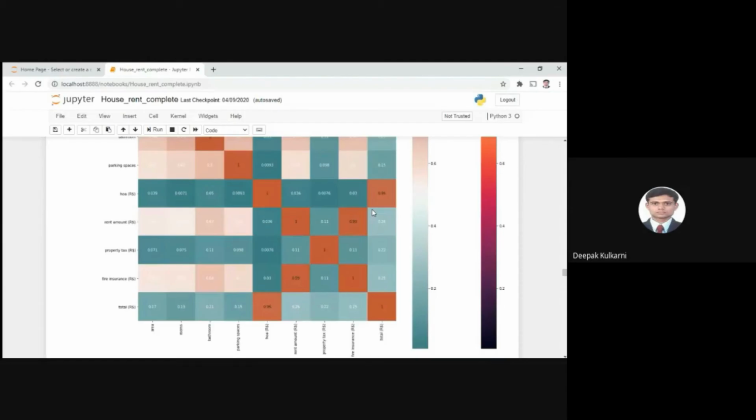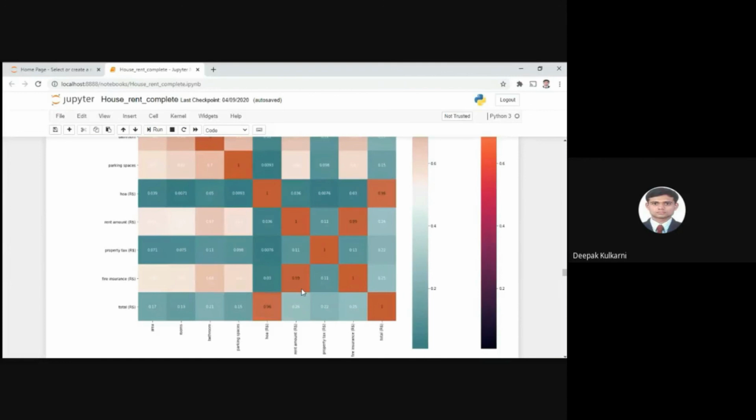So that variable needs to be skipped, fire insurance and rent amount. Rent is the final numerical variable, sorry. So it is having a value of 0.99. So this is highly correlated, right? So this variable is dropped off. Look at this. So drop fire insurance.